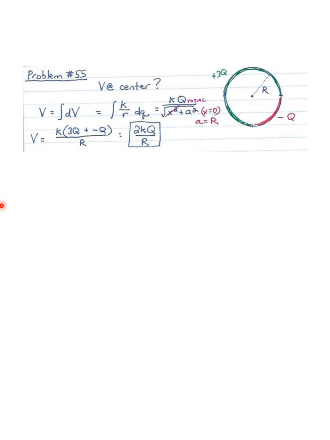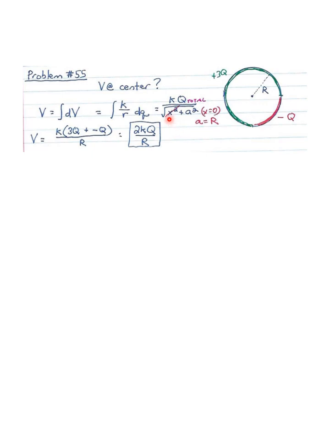And this does apply because the center of the ring is on the axis. It's just where x equals 0. So what we're actually going to use is the result from the previous lesson, kQ over the square root of x squared plus a squared.